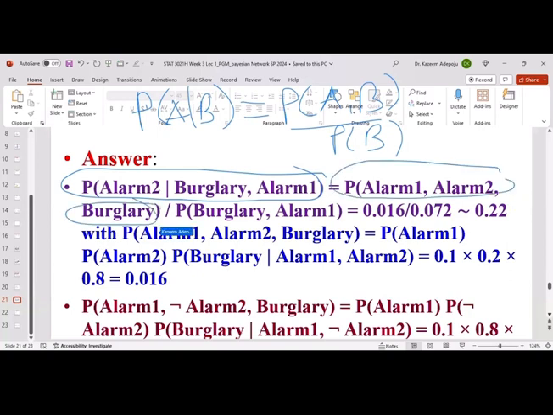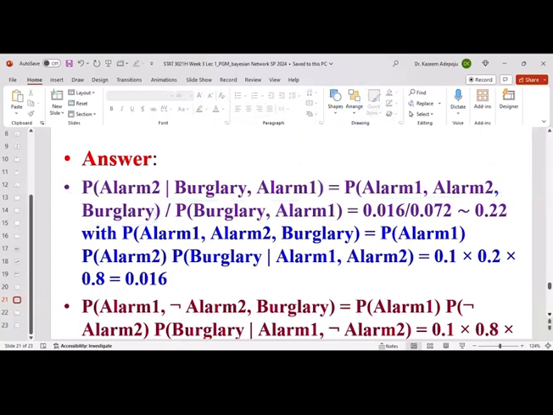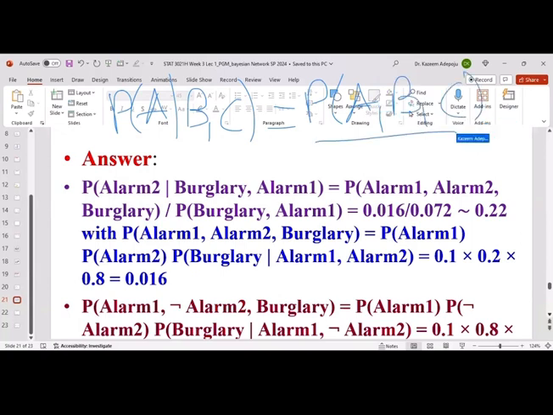Do you see that? Then divided by the probability of these two here. Take a look at this now. If I have the probability of A given B, C, it is the same thing as probability of A, B, C over probability of B, C. That is a generalization.